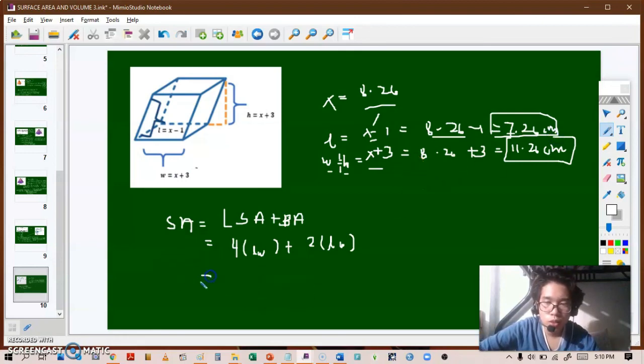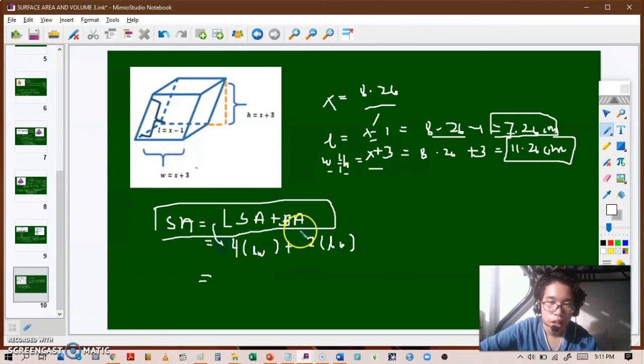To solve for the surface area of the parallelepiped, we have this formula: the lateral surface area plus the base area. We have 4 rectangles as our lateral surface area, and 2 as our base area.